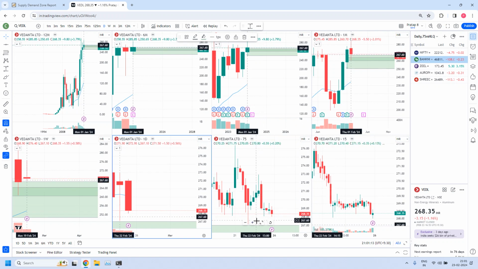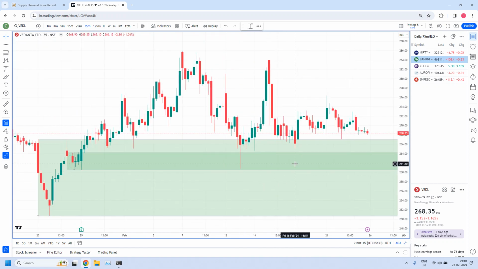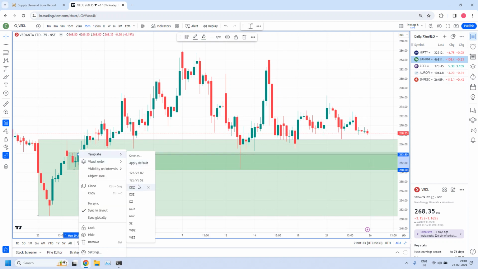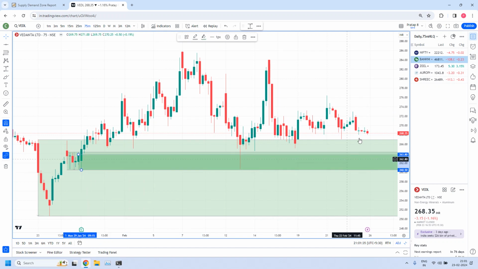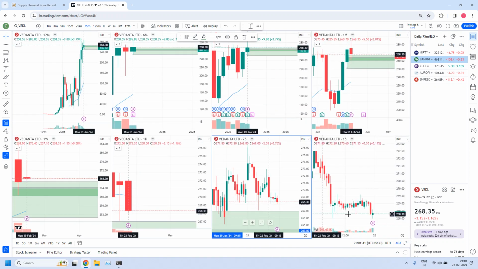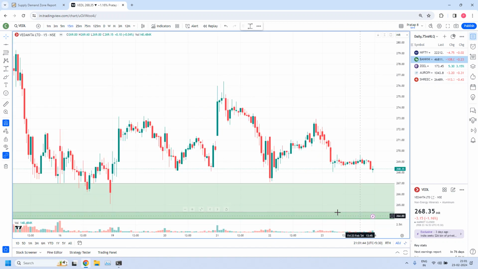So let us go to the 75 minutes. Here we have some zones. This is at the 75-minute level. Further, if you go to one more time frame, that is 15 minutes, you may find even more real order flow here.